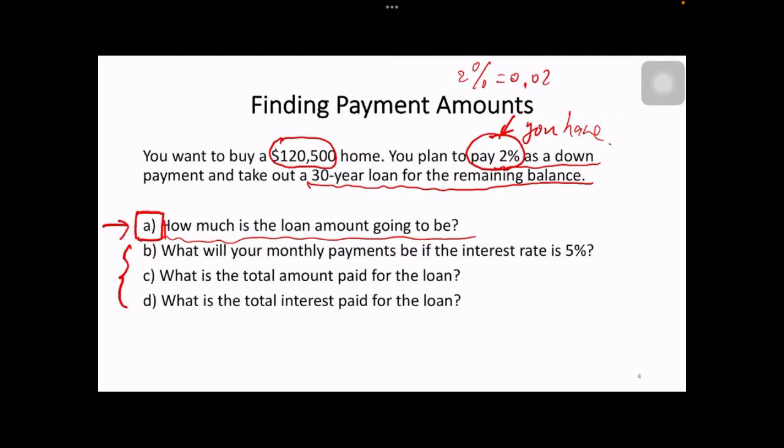Subtract it from what? From the amount of the home that you're going to pay. So you mean 120,500 minus 0.02? Yes. Okay, that's one of the opinions.